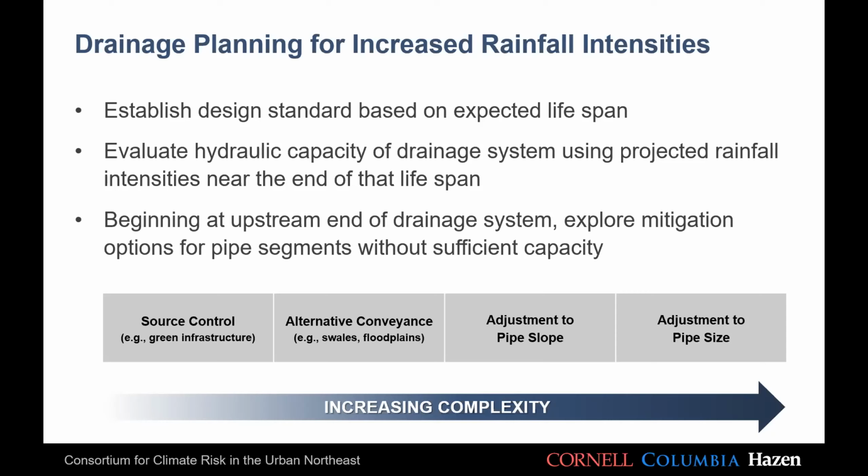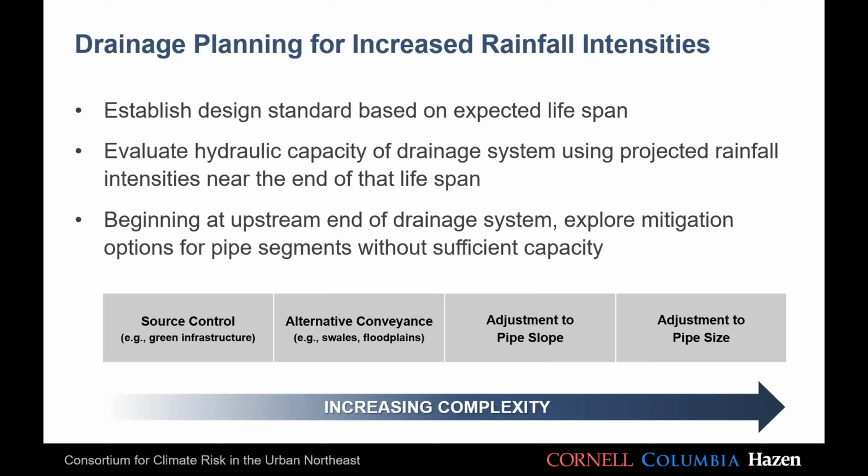Next, we suggest evaluating the hydraulic capacity of the drainage system using the projected rainfall intensities at that time. It's likely that some parts of the system are going to be adequate because they were probably originally oversized. And that's because of standardization.